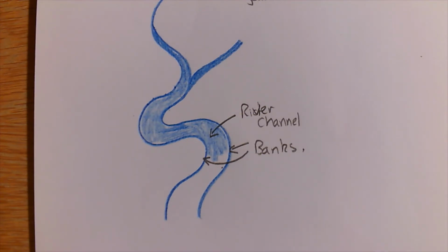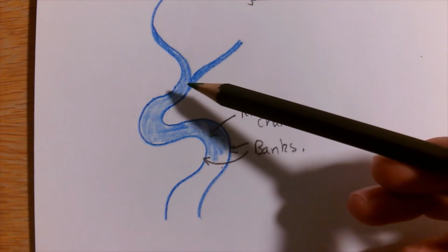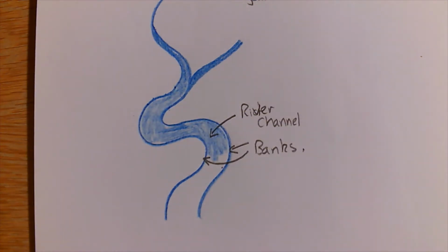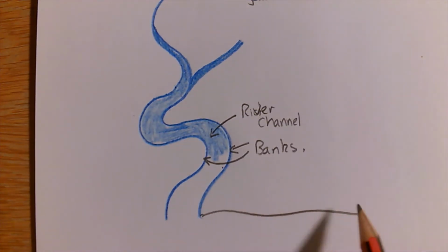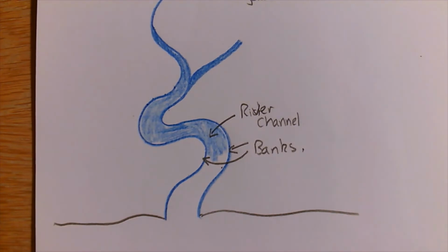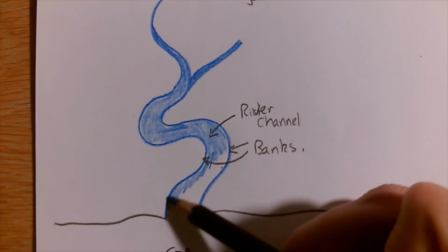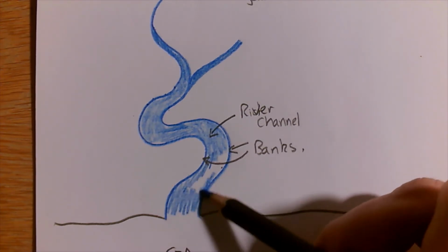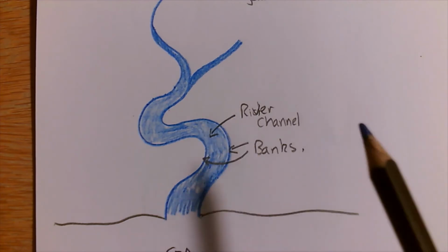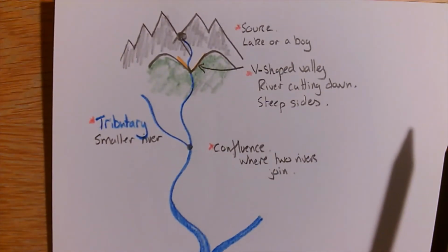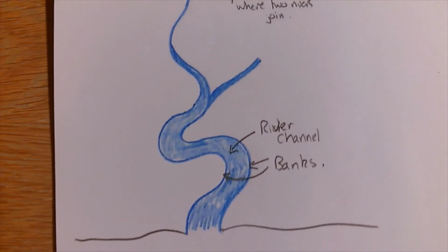The last feature that I want to point out here is that by the time we get down towards, this is the coastline by the way, and this is the sea. By the time we get down towards the sea, the land around the river is really flat. It used to be high, mountainous, but now we're by the sea.